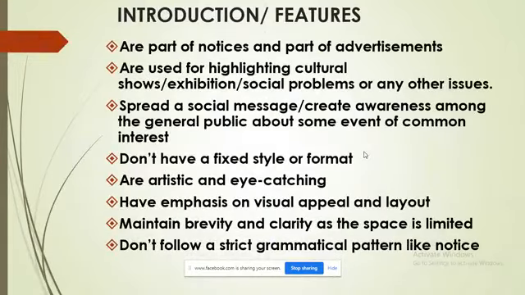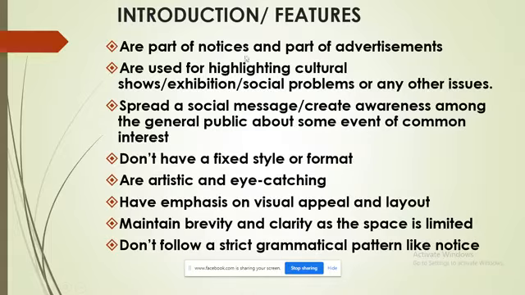Move next. So now we are going to learn about important features and also some of the introduction of these posters.